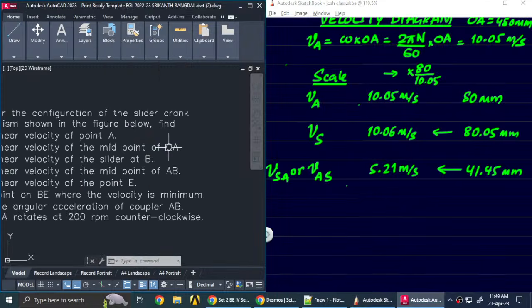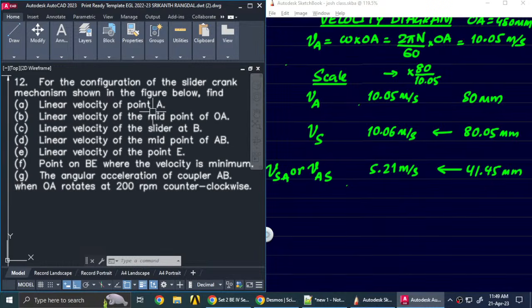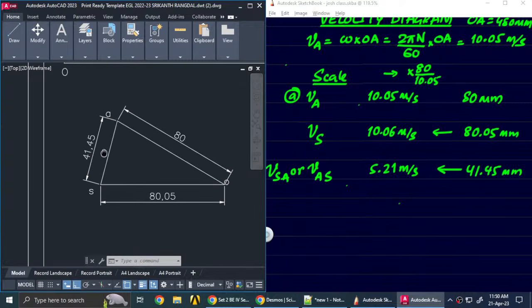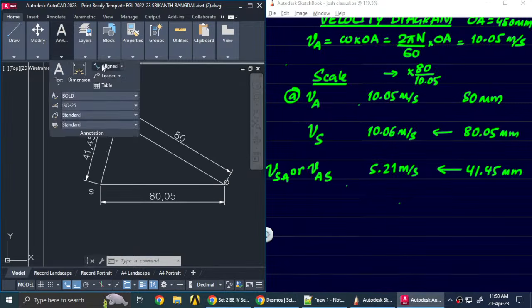But when we look at the question, what are the velocities it is asking us to find? First, it is asking the velocity of A, which we have found over here. Then it is asking the velocity of the midpoint of OA. If you want to find the velocity of the midpoint of OA from the diagram, we just have to find the length of the midpoint.